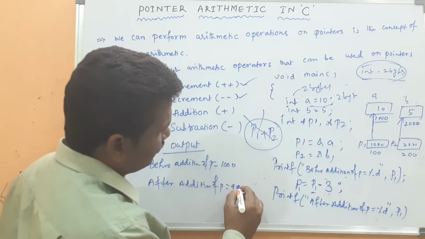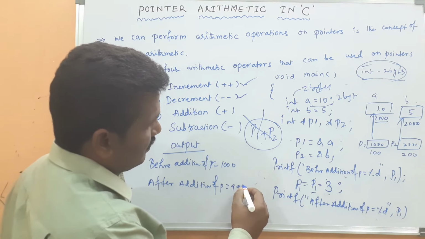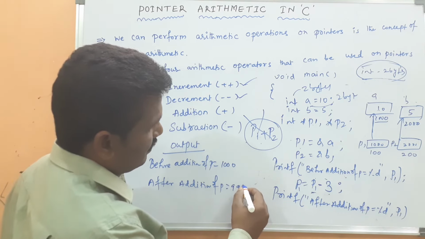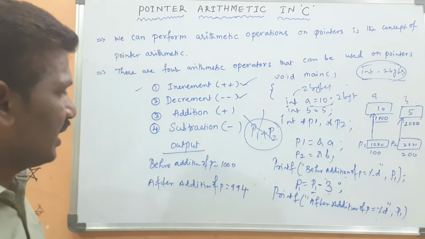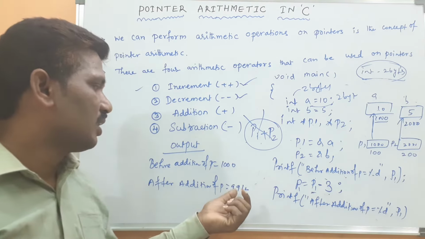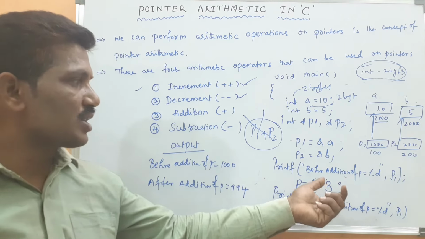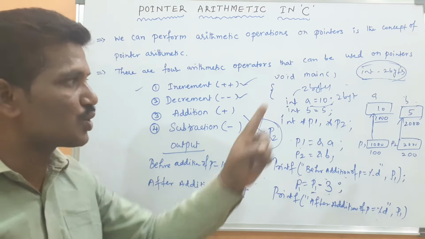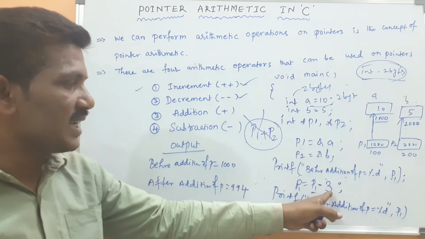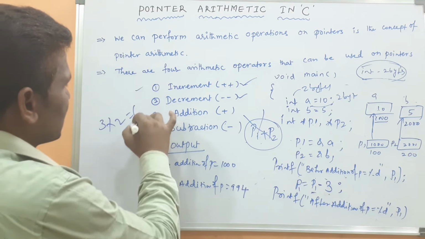994. Because 6 bytes will be decremented. 1000 minus 6 is 994. Minus 3 means 6 bytes will be decremented: 1 decremented means 2 bytes will be decremented, minus 3, 3 into 2, 6.